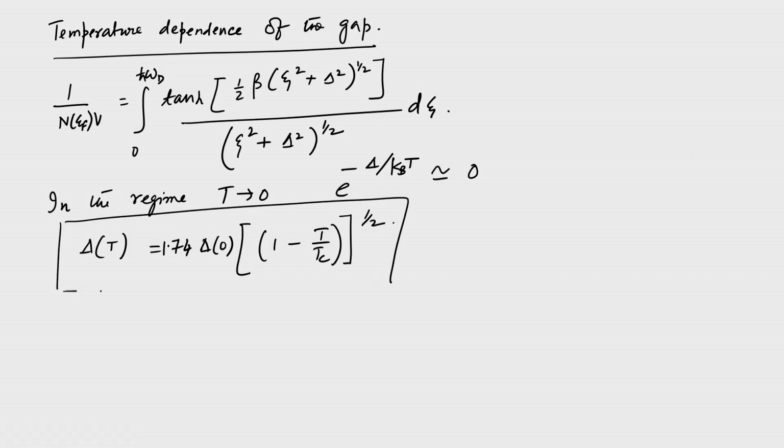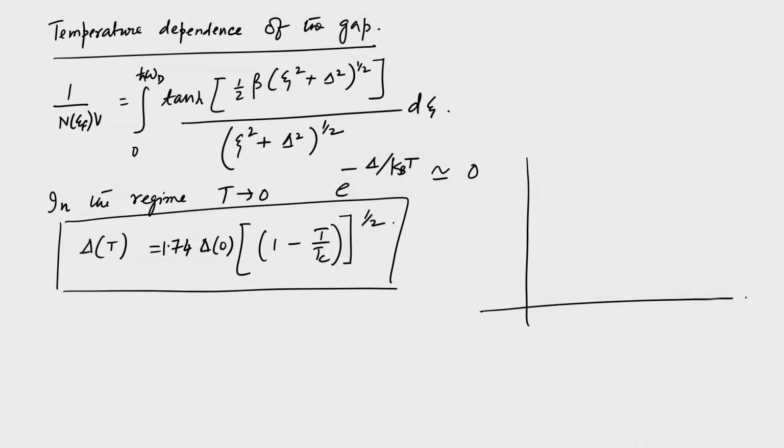Okay. And as I said, it can be computed numerically and plotted, and from the plot one can actually get this nice variation. So, this is as a function of T over T c, and this is delta T over delta 0, and this value is equal to 1 and this value is equal to 1.